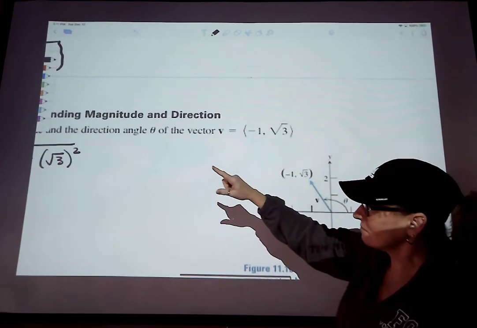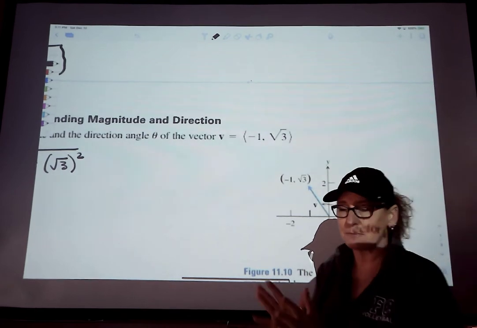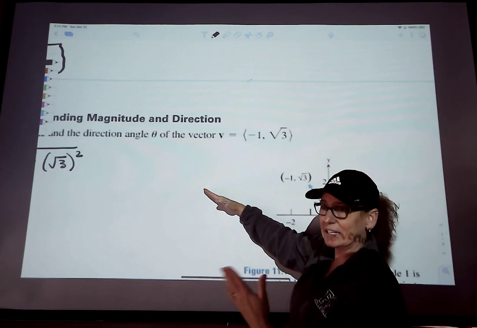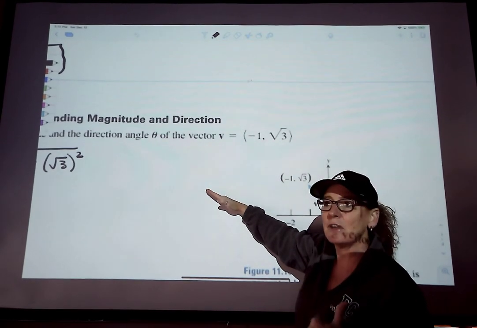But we want the direction angle. So what we're going to do to make this easier is take this segment that has a length of 2 and put it at the origin.